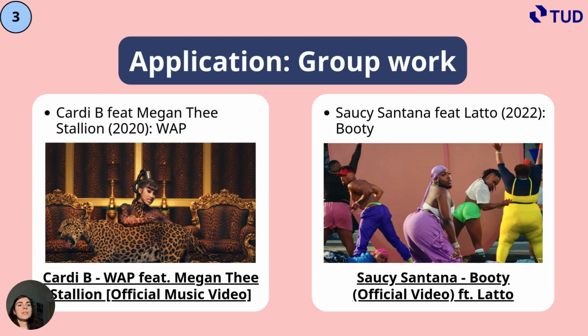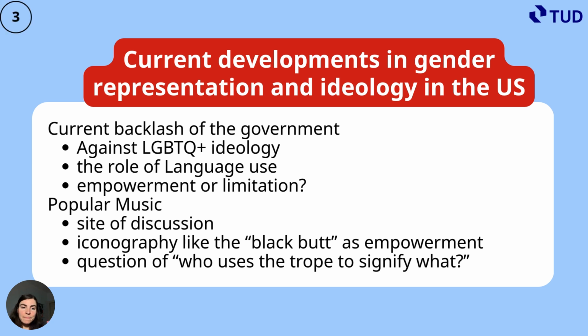Have a look at those videos, think about the quote that I gave you, think about what we talked about today, and try to link how this connects certain experiences of a certain body to gender and sexuality, to popular culture, and how this also functions as a political statement. And with that, I would like to conclude.